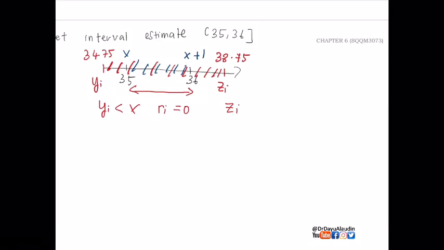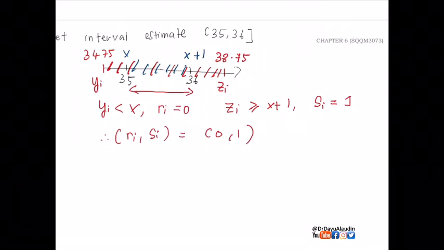When ZI is greater or equal to x plus 1, SI becomes 1. So for this condition, RI and SI for this interval estimate equal 0 and 1.